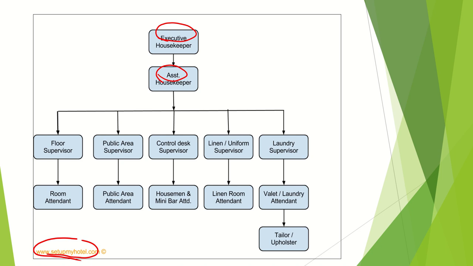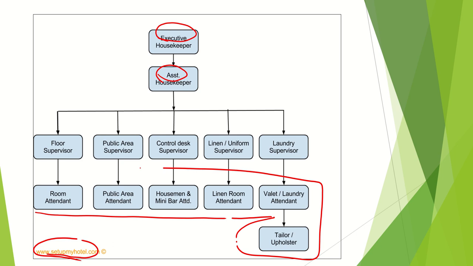But for the functional stuff, like this part, we are usually focusing on this range of the staff, because we start the job from, I don't want to say the lowest, but it is, and then we can have our career path to be a supervisor.